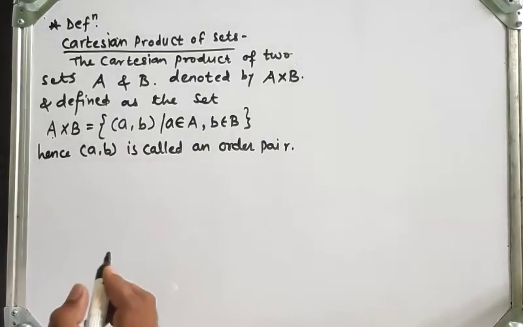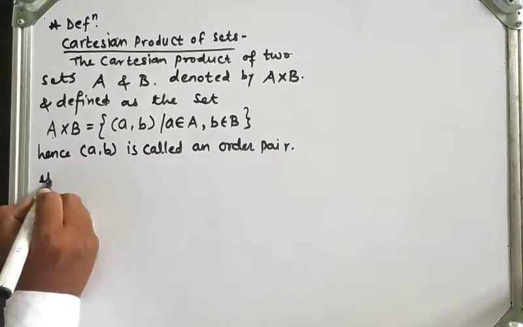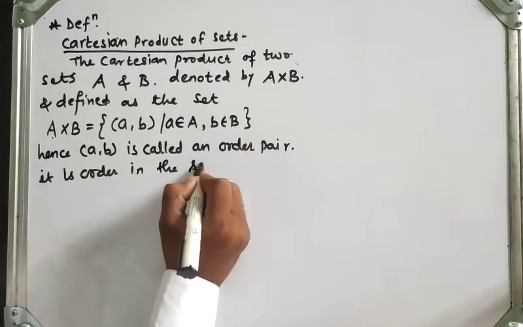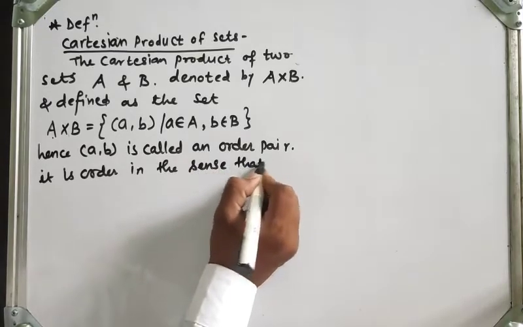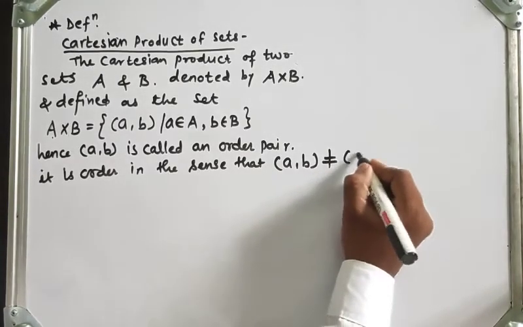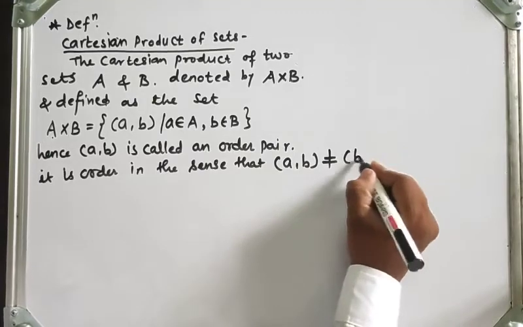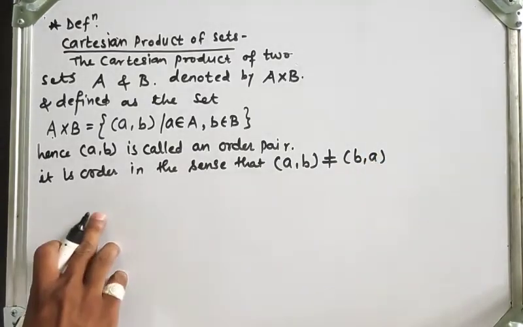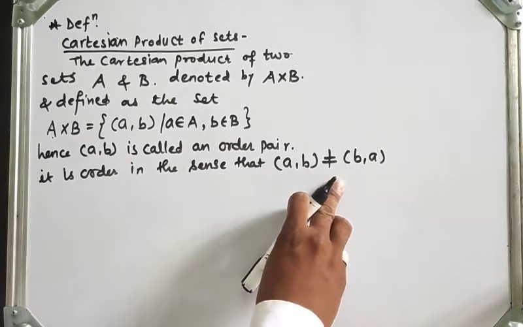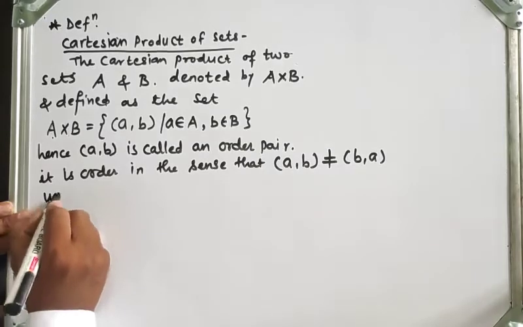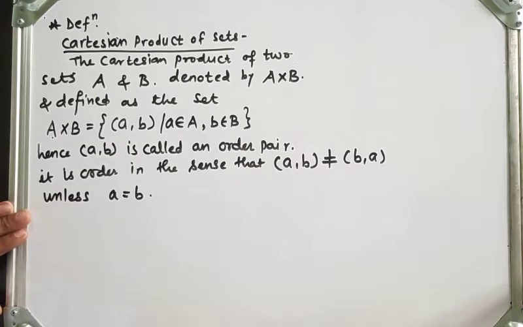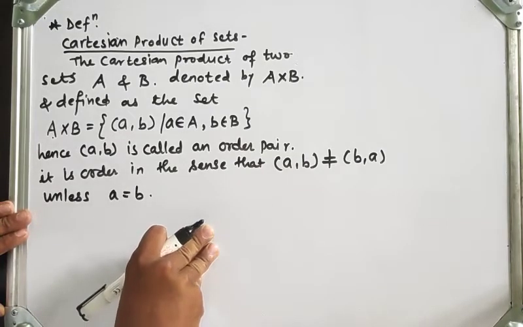It is ordered in the sense that the ordered pair (a, b) is not the same as (b, a) unless a is equal to b, since a and b have been written in a different order.